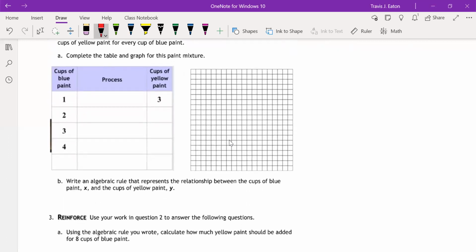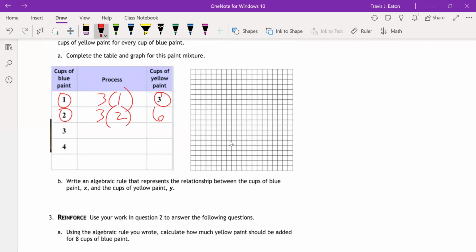All right, well, to get 1 cup of blue paint, we need 3 cups of yellow. What do we do here? Looks like we multiply 3 times 1 to make that 3, right? We need 3 cups of yellow for every cup of blue. So if we have 2 cups of blue paint, we multiply 3 times 2, and that gives us 6.